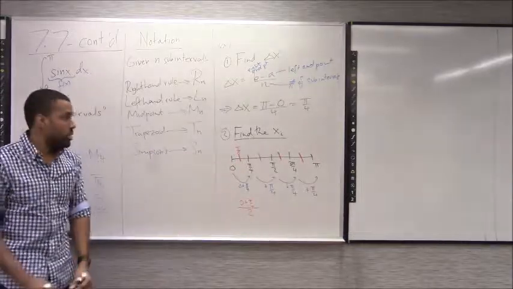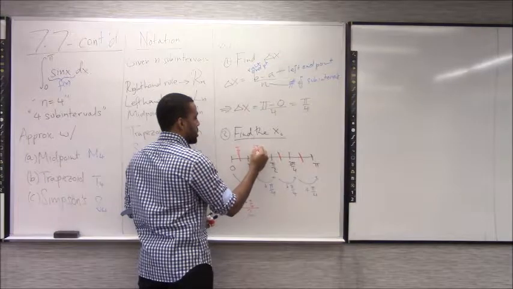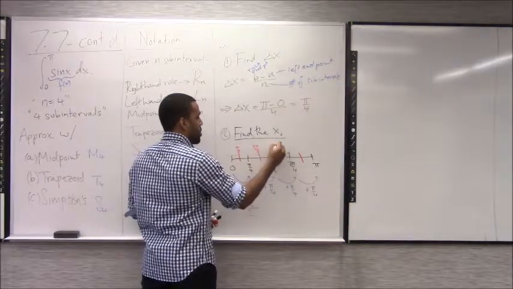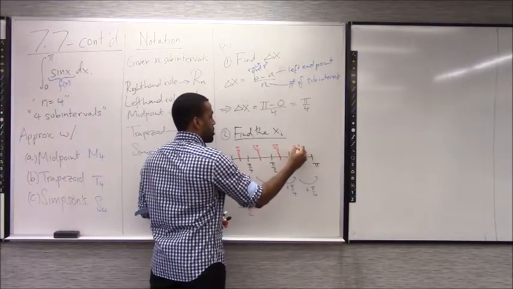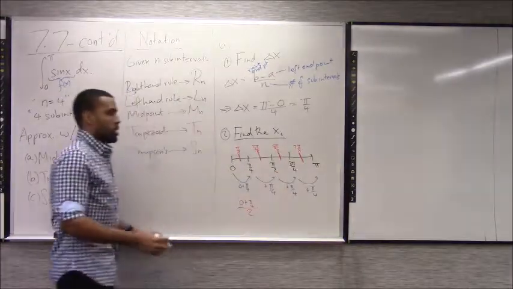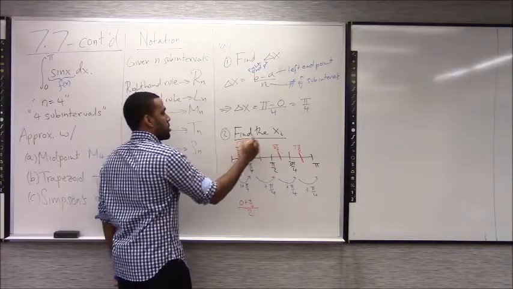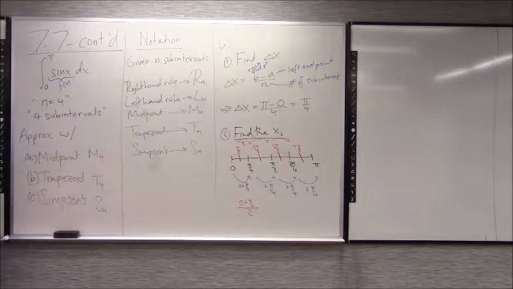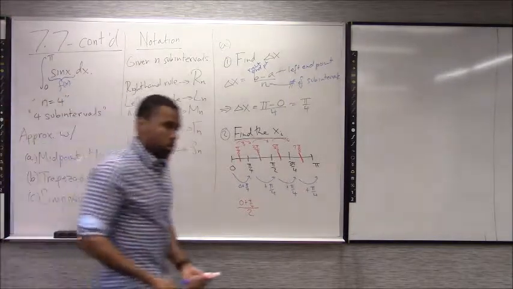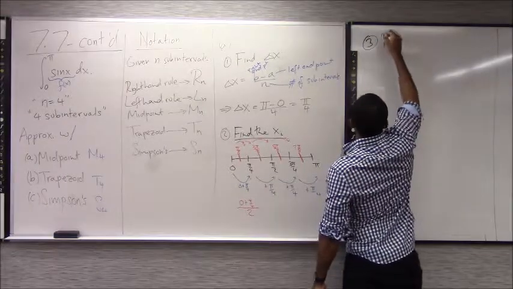So pi over 8 plus 2 pi over 8 is 3 pi over 8, plus 2 pi over 8 is 5 pi over 8, plus 2 pi over 8 is 7 pi over 8. So again, you can just add pi over 4 to each one. And now we can plug into our formula.